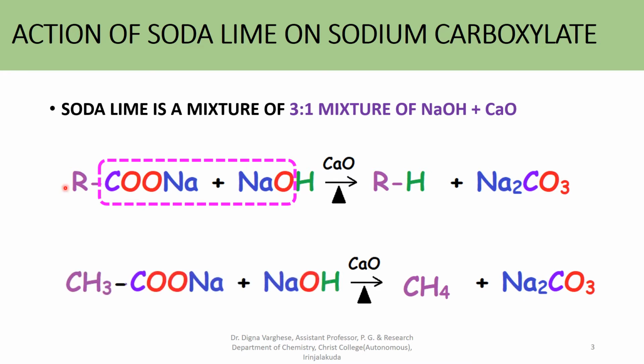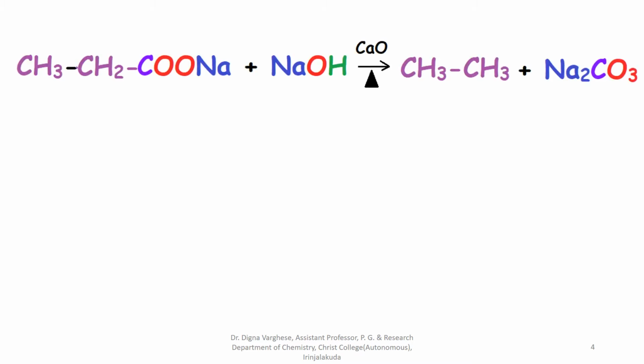Here you can see sodium acetate reacts with, or is fused with, soda lime to form methane by the removal of sodium carbonate. Here you can see another example: sodium propionate reacts with soda lime to form ethane by the removal of sodium carbonate.